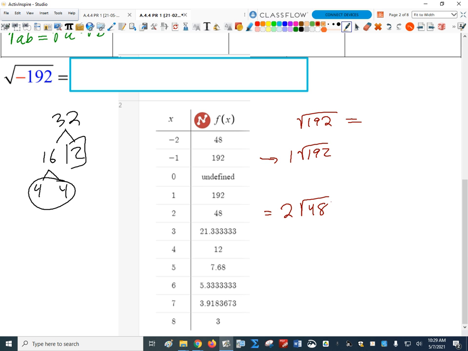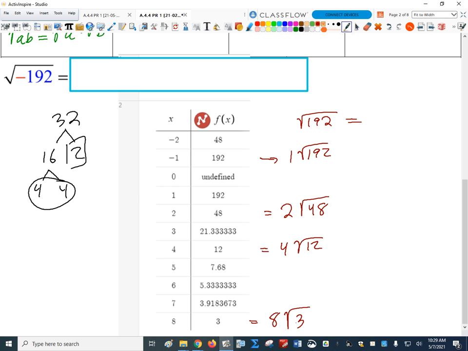Isn't that cool? This row right here is telling me that it's equal to 4 outside times the square root of 12. This row right here is telling me that it's equal to 8 outside times the square root of 3. You get that? That's pretty slick.